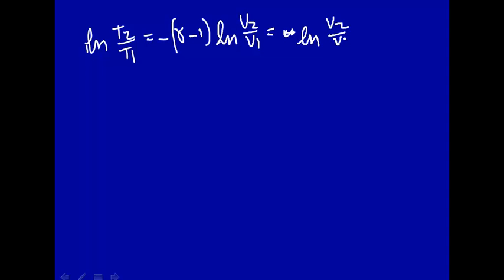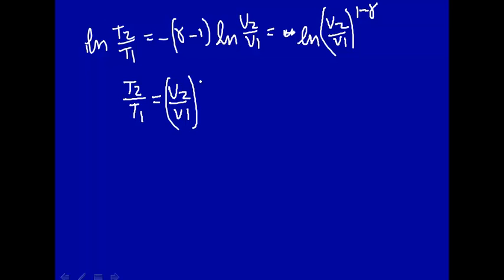V2 over V1, that quantity is raised to 1 minus gamma. Natural log of this, natural log of this, so you can take the antilog of both sides to give T2 over T1 equals V2 over V1 raised to the 1 minus gamma power.